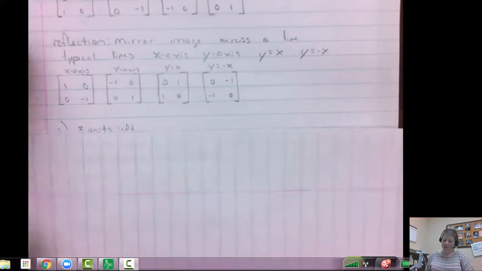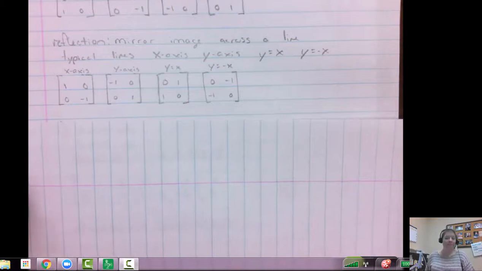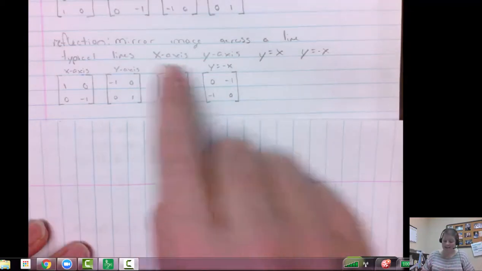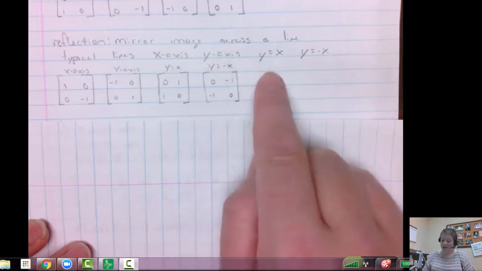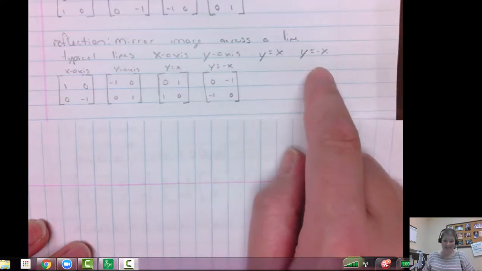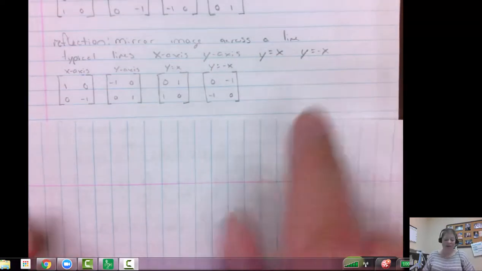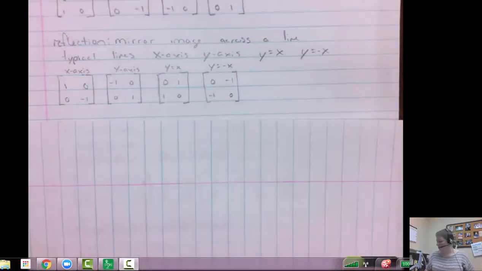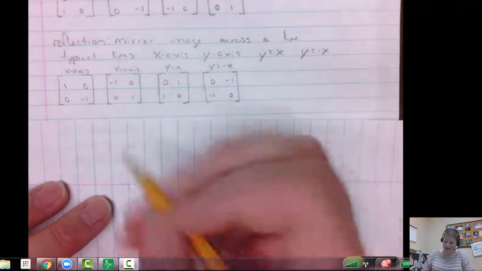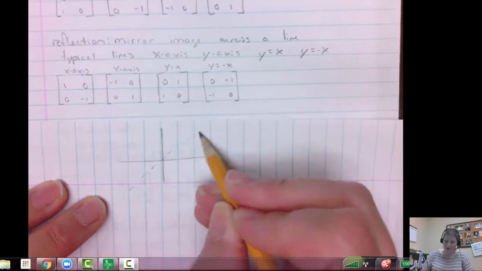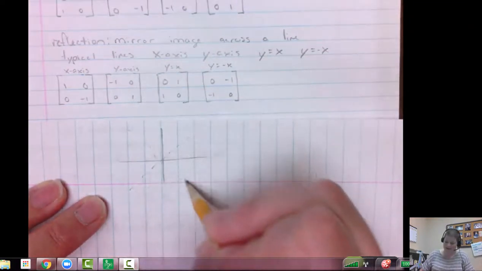Okay. So a reflection is a mirror image across a line. So the typical lines that we're going to use for just this section are only the x-axis, the y-axis, y equals x, and y equals negative x. Remember, y equals x is just down the center here, and this way is negative x.